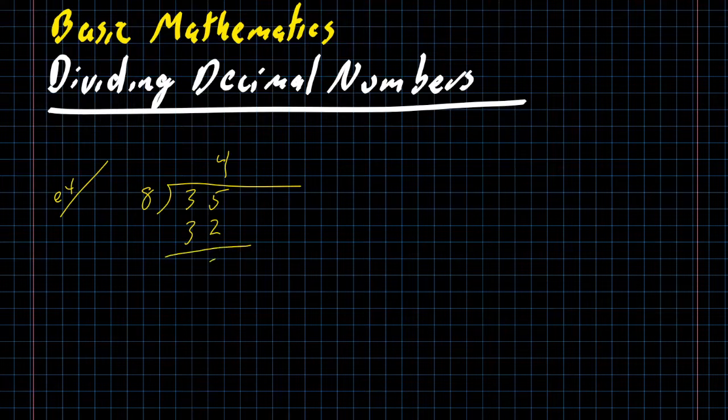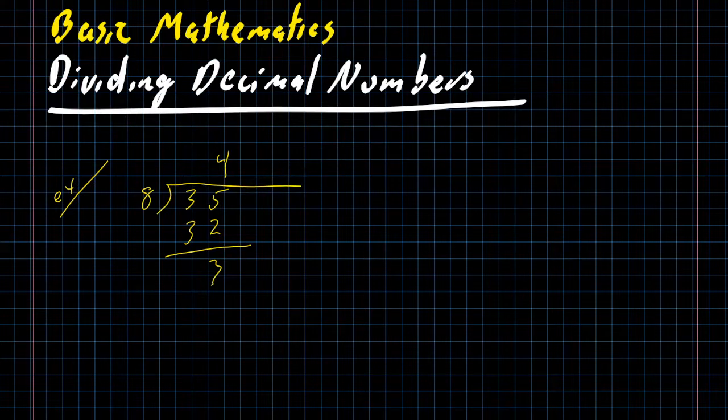You subtract that off and you get 3. In what we've done before, we've responded here and said, okay, the quotient is 4 with remainder 3. And that certainly does work, but it's not the only choice we can make.